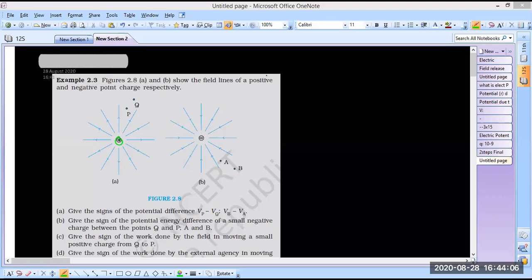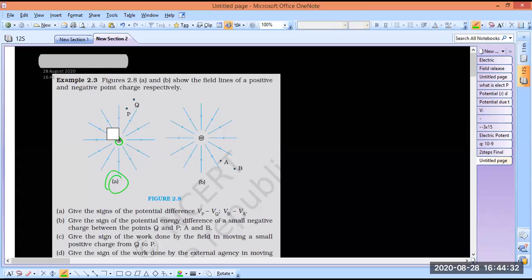Both are positive depending on distance. Okay, fine. Now let me try. First we'll talk about A only.